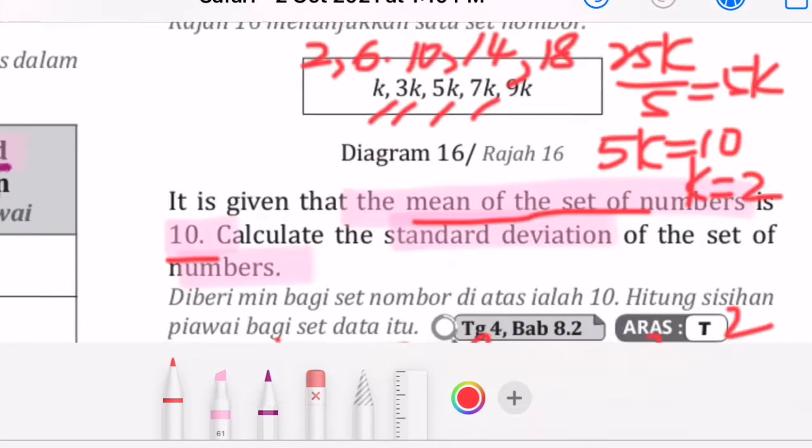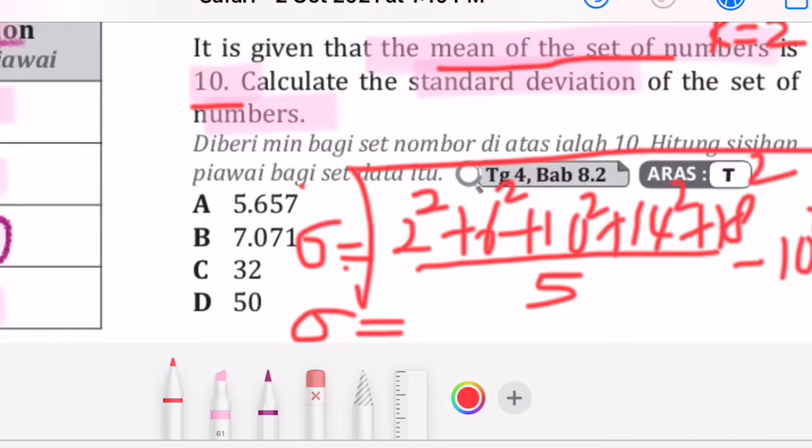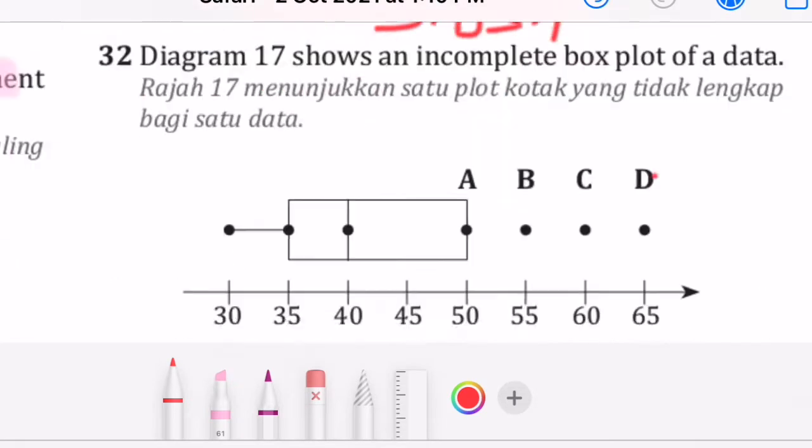The mean, it was given, 10, so minus 10 squared, and then we take the square root. If you press the calculator, you will get 5.657 as the standard deviation.